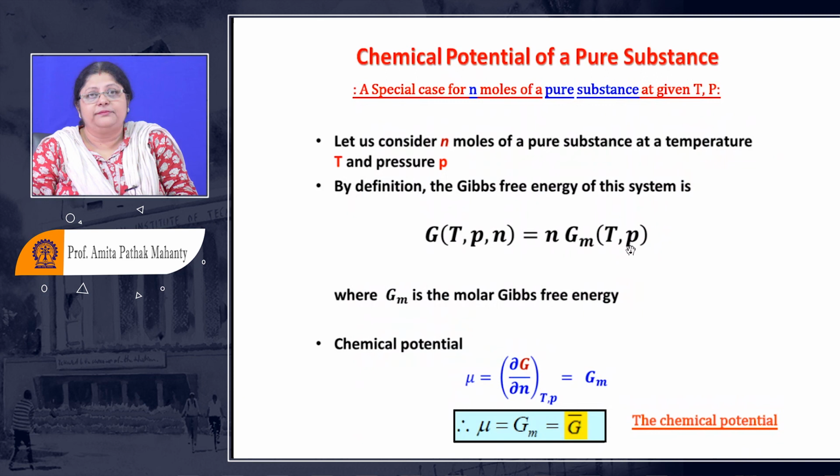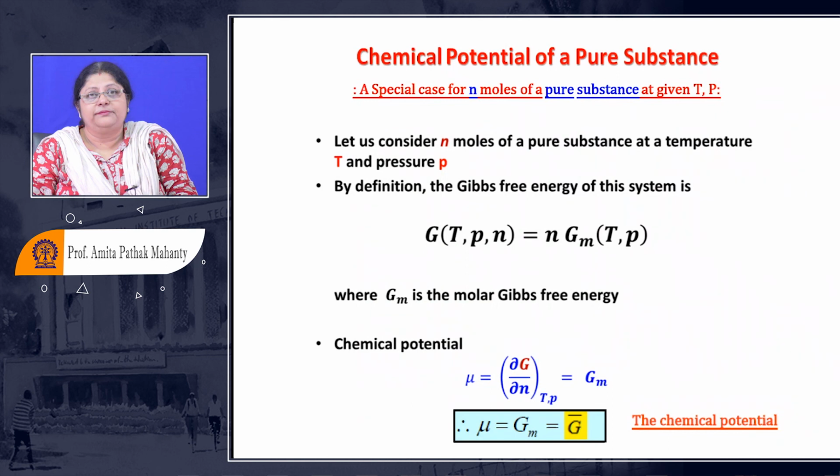at that given temperature and pressure, because this is going to be intensive, so it will not depend on the number of moles. G is going to be dependent on the number of moles. So number of moles into Gm will be the G. That is very basic. I will not dwell on it. Now, what is chemical potential? Chemical potential for a pure substance is nothing but the molar Gibbs energy for that particular component, because it is varying with only one component, the number of moles of that compound.